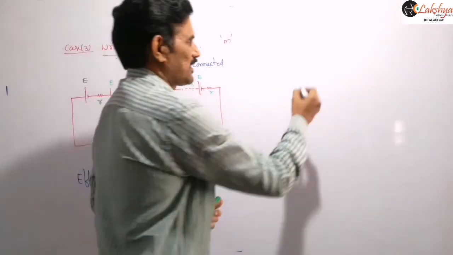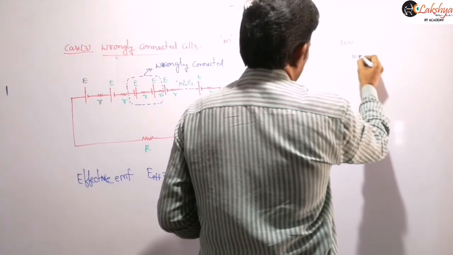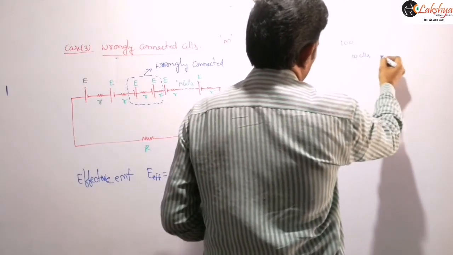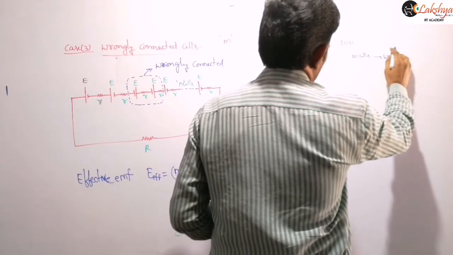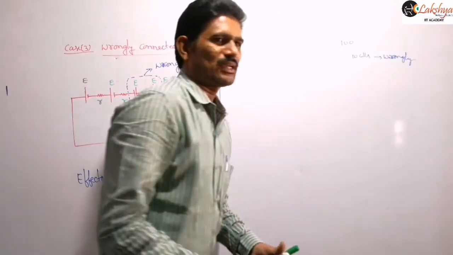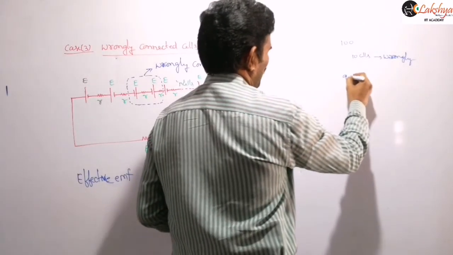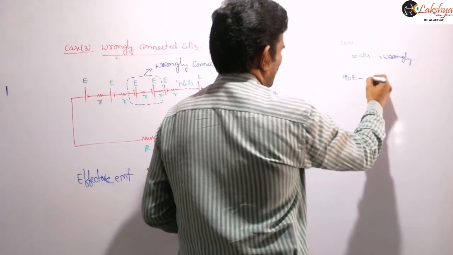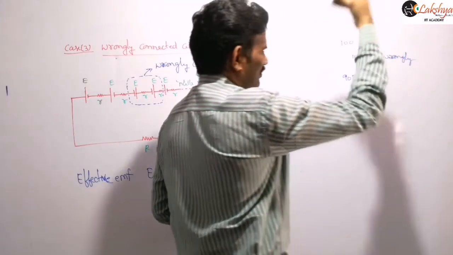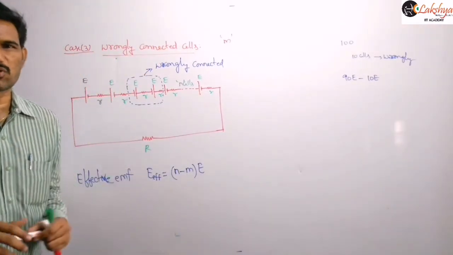For example, out of 100 cells, if 10 cells are connected wrongly, then the correctly connected cells are 90. The EMF of 90 cells will be in one direction, and the EMF of 10 cells will be in the opposite direction, so we need to subtract them, because their effects are in opposite directions.